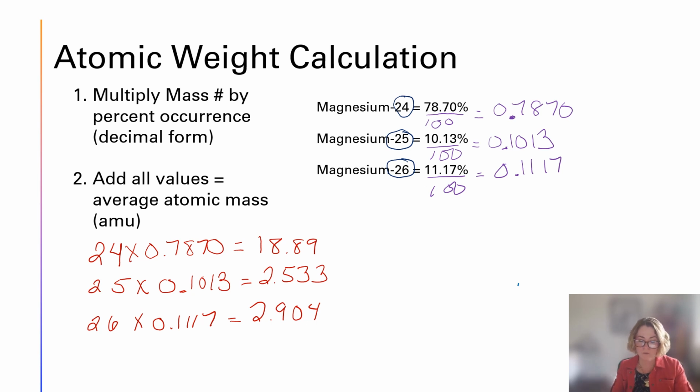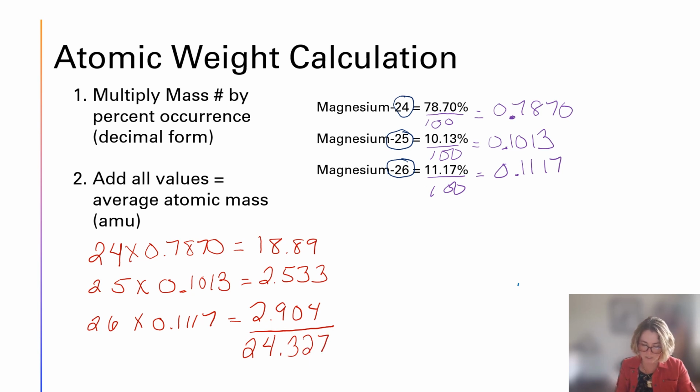All right, so now that I have all of my values, I'm going to add them all together. So remember the multiplication, division, you are overall looking at the number of sig figs. For addition, subtraction, you are looking at decimal places. So if I add all of these together, I get 24.327.